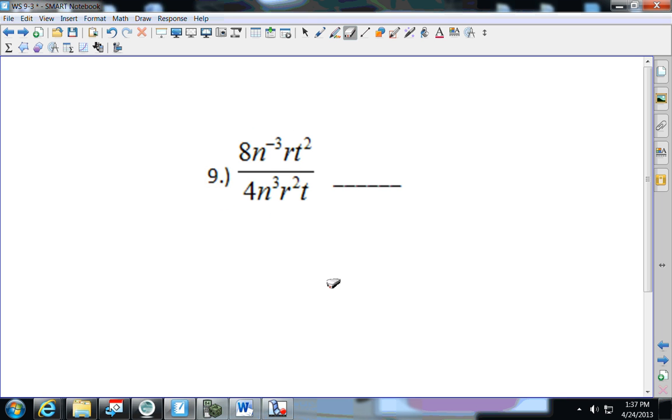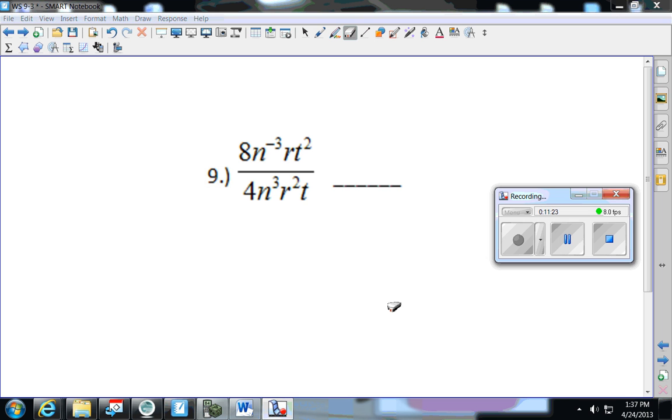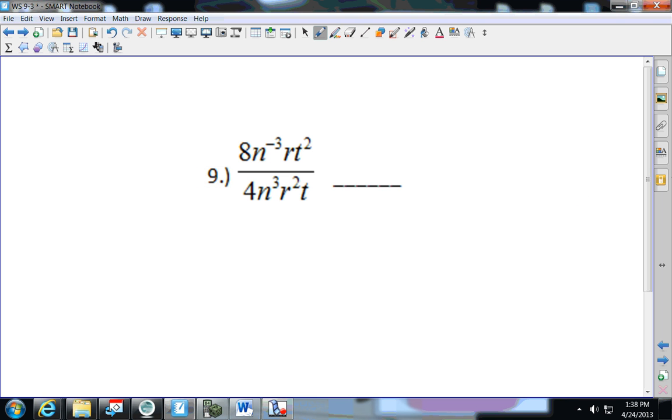Try this one. This is our last one. All right, on this last one, you're going to take 8 divided by 4, and that's 2. Now, the n's, -3 minus 3, n to the -6.